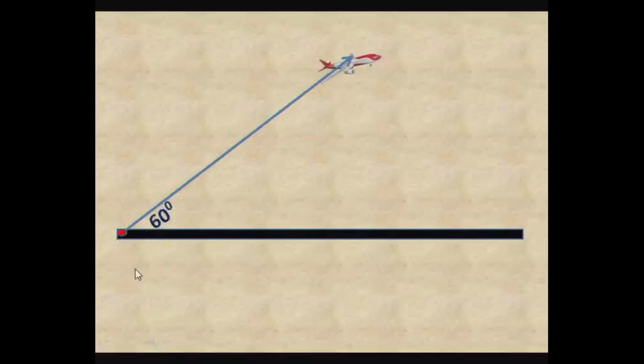Here this is the ground, here the jet plane is going over the sky, and an observer views the jet plane from this point, and the angle of elevation he observed is 60 degrees. And here the height of the jet plane is given as 1500 root 3 meters.